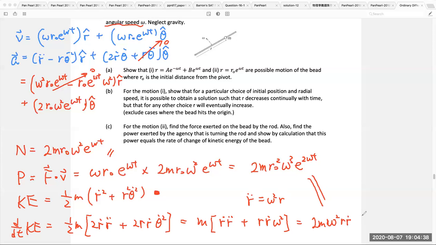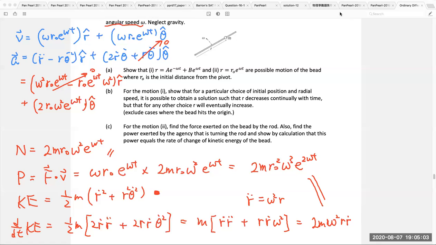And you can show that these two will equal each other. Oh yeah, I see. But this is obvious, because there's no energy dissipated in this system. The energy is conserved. Okay. If no question, then let's go on.